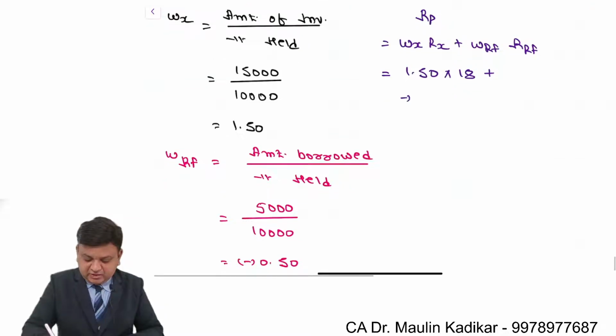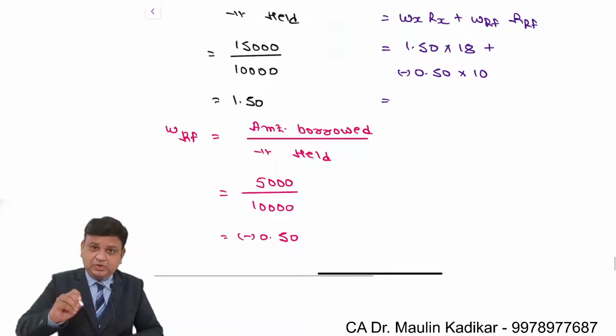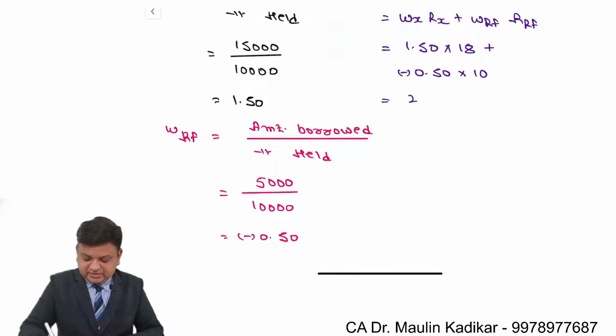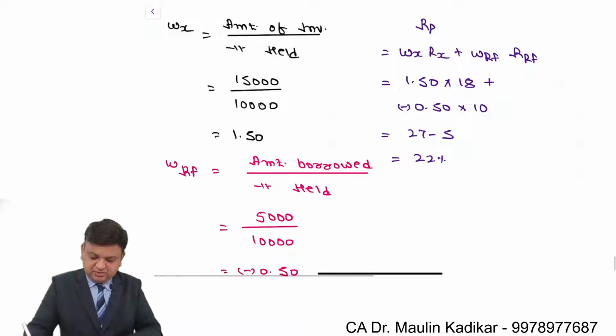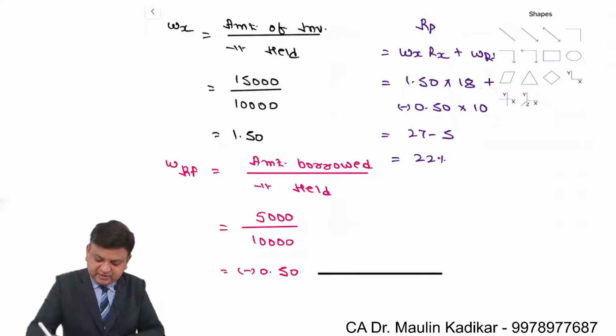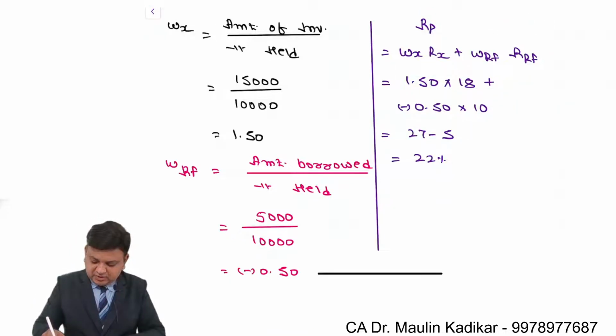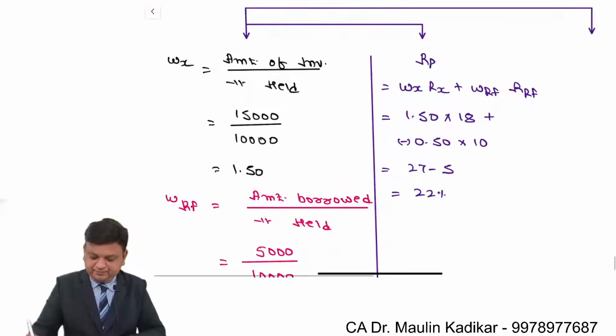Plus negative 0.5 into return of 10 percent. So 18 into 1.5 is 27 minus 5. That comes to 22 percent. This is the way we are required to make the computation of the return of the portfolio.